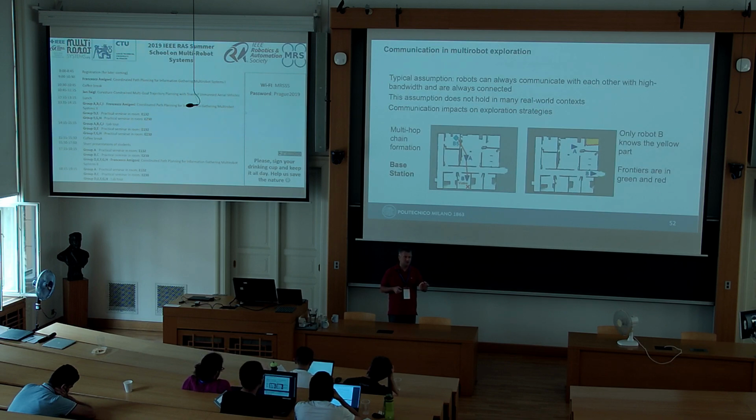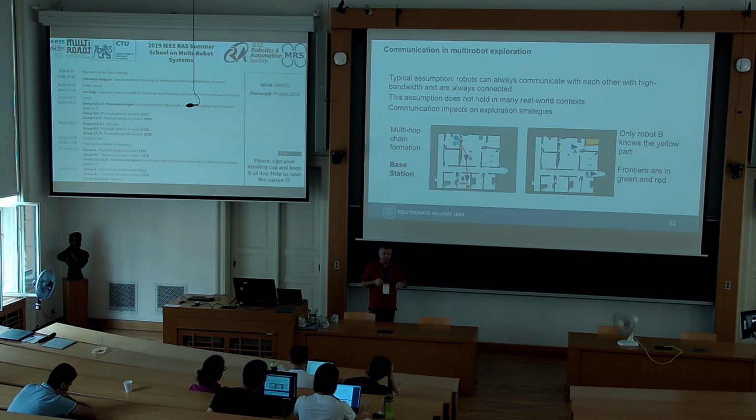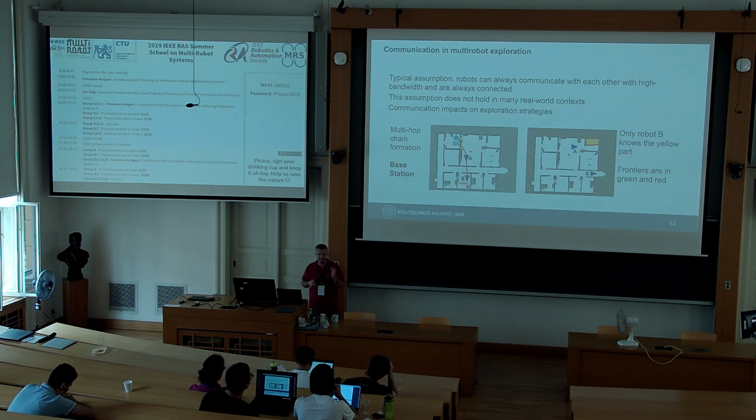Okay, so a good way for doing this is that you have a camera on this robot, and then you have a network connection with the base station at which a human operator is looking at the camera of the robot, and he or she is deciding if what has been found is a victim or not.